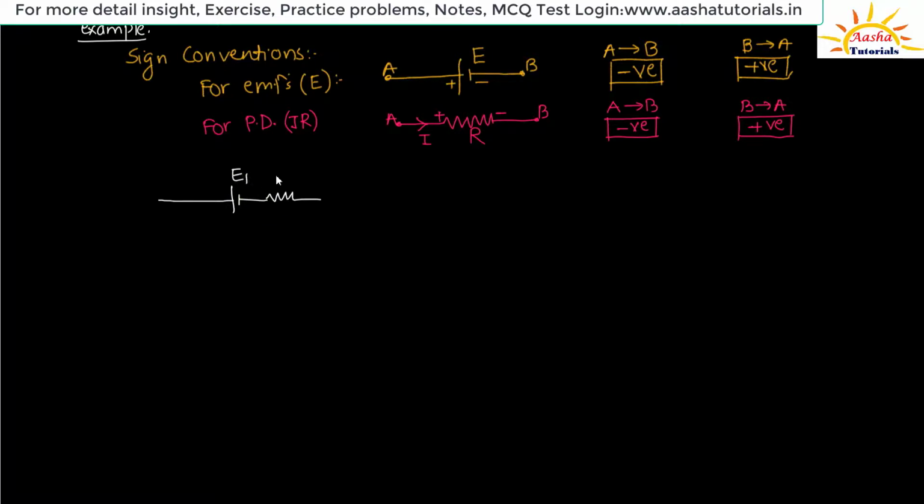Let's say E1 is one cell with internal resistance R1, connected in parallel with another cell of EMF E2 and internal resistance R2. And the combination of these two is connected to an external resistance R.